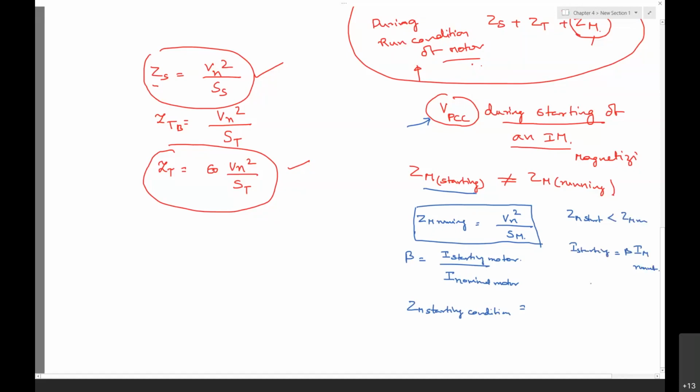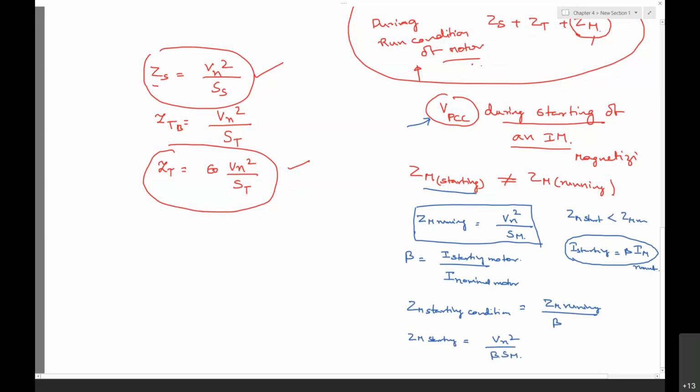The starting current is beta times the running current, so Zm at running condition divided by beta gives the starting impedance. Now Zm at starting condition is equal to Vn square by beta times Sm.